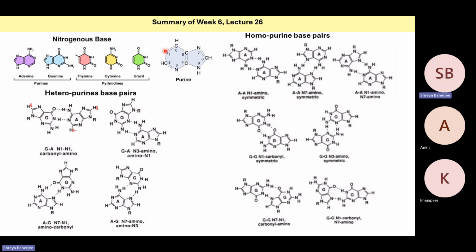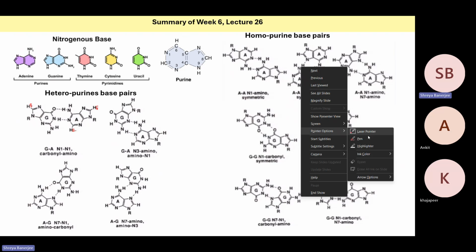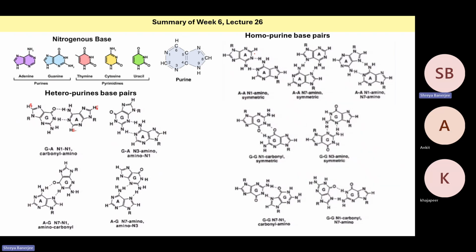So if you remember the numbering of the purines, N1 is this N in the 6-membered ring. So you can see it is the same amino N that is participating in N1 amino. So N1, I'll just label this as N1.